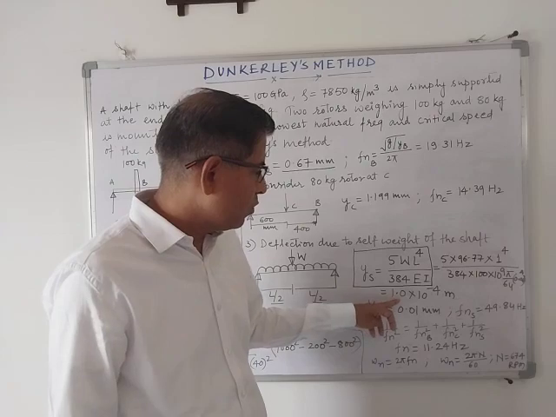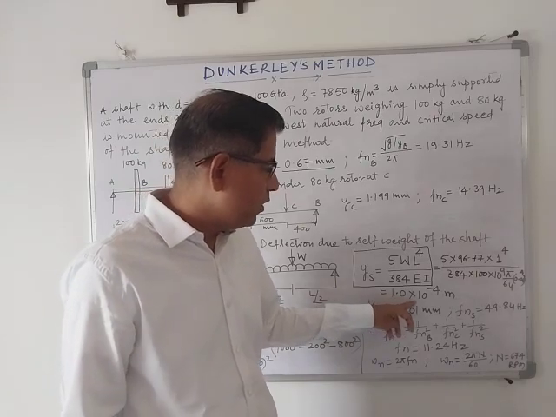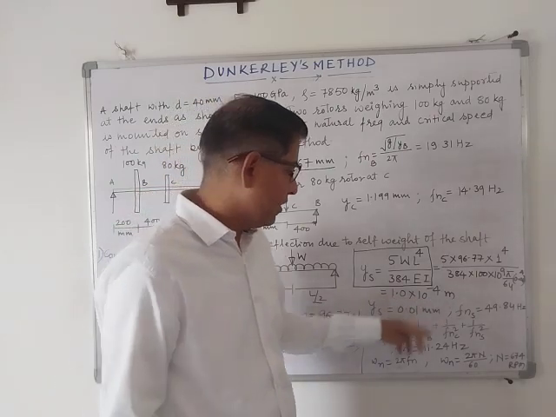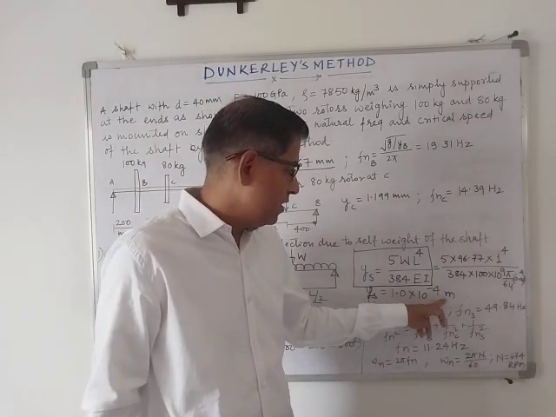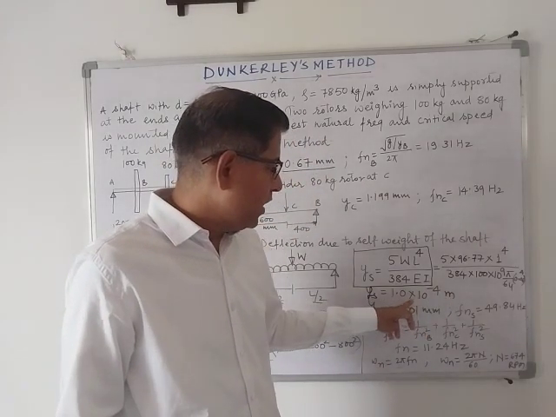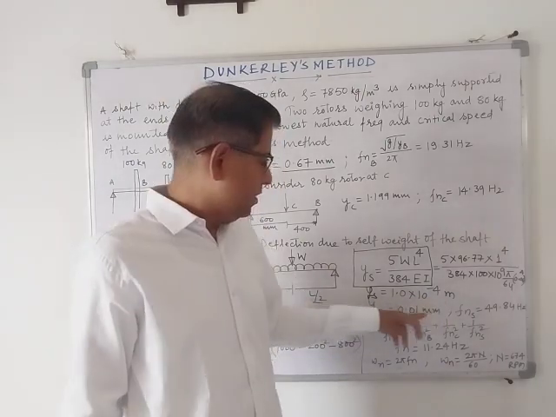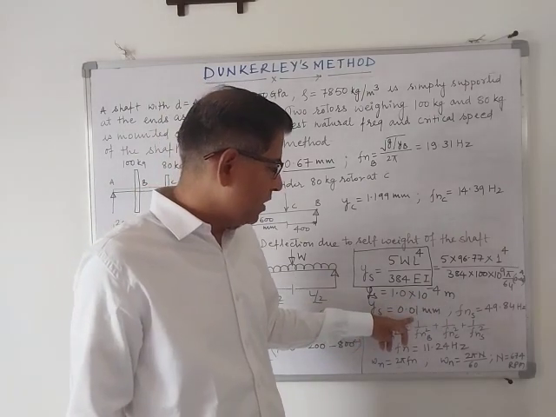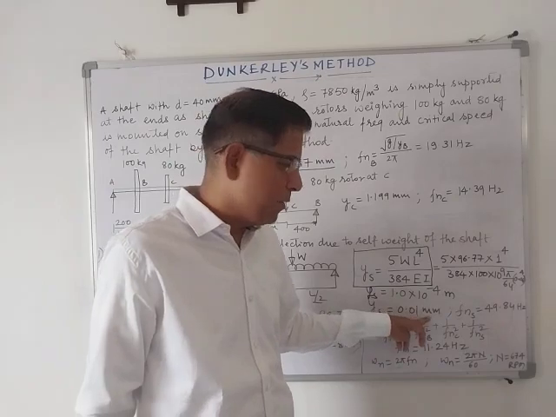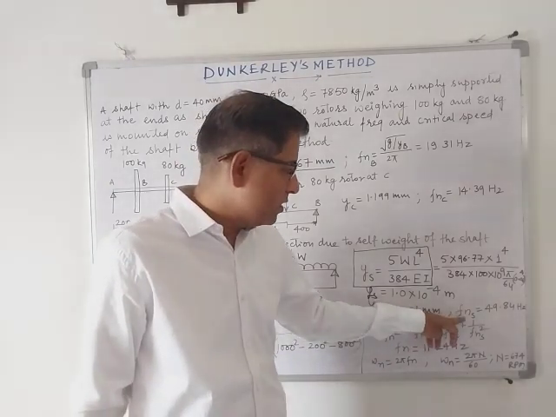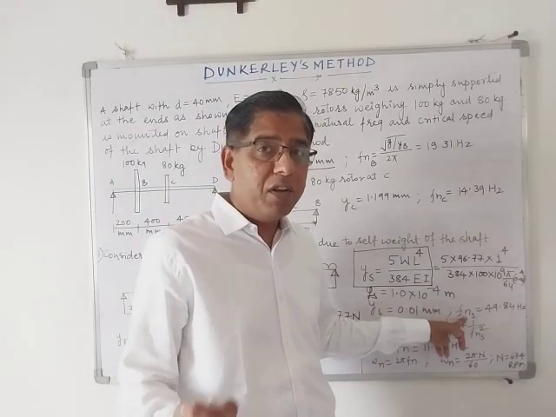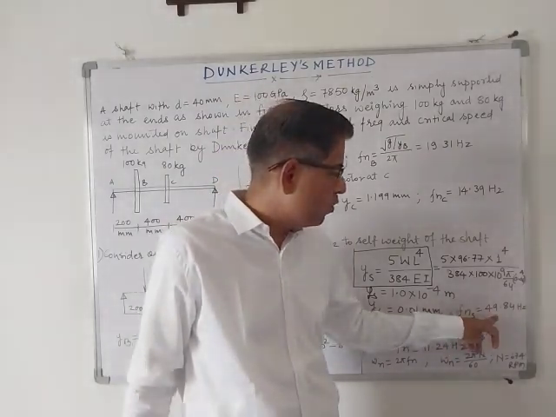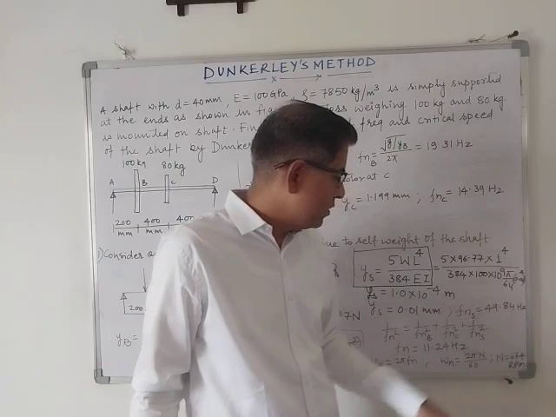The answer comes out to be 1.0 into 10 to the power minus 4 meter. So here the deflection due to the shaft is 1 into 10 to the power minus 4 meter, and in mm it comes out to be 0.01 mm. And from this I find the natural frequency due to the self weight of the shaft only, and it comes out to be 49.84 Hertz.